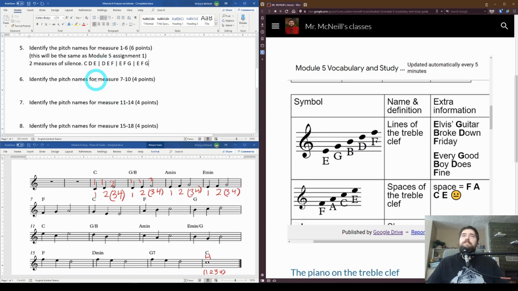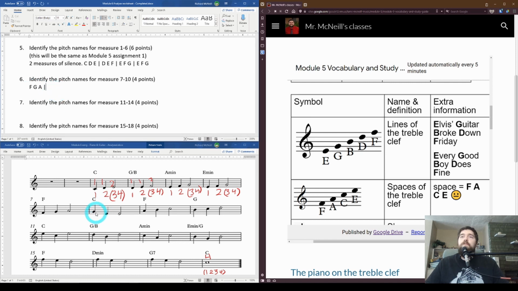Now we're moving on to measures 7 through 10. We have the first letter of FACE, F, then Elvis's guitar, G, and the second letter of FACE, A. If you notice, I am just pointing at where my note is and typing it up here as we go along.